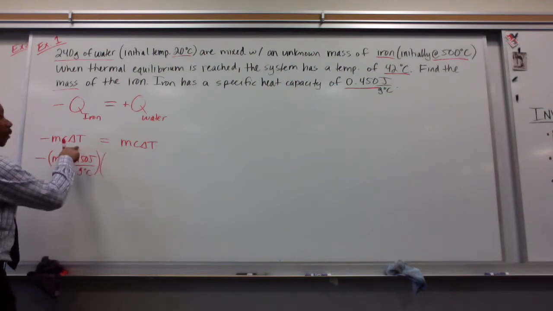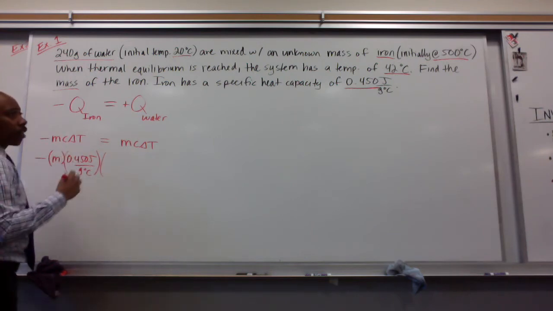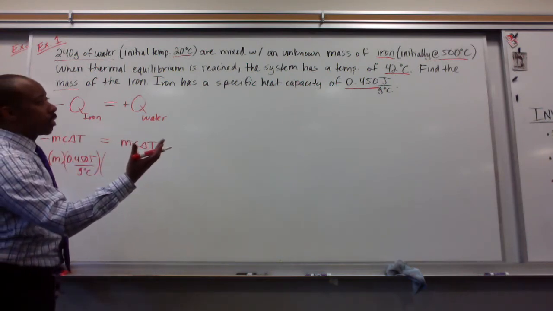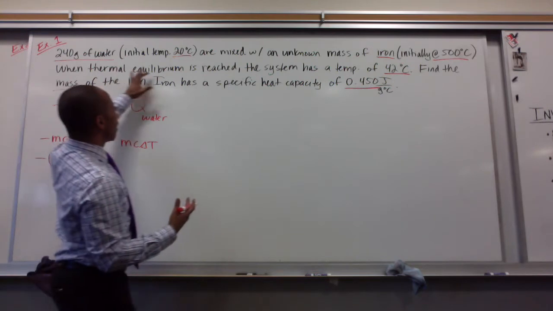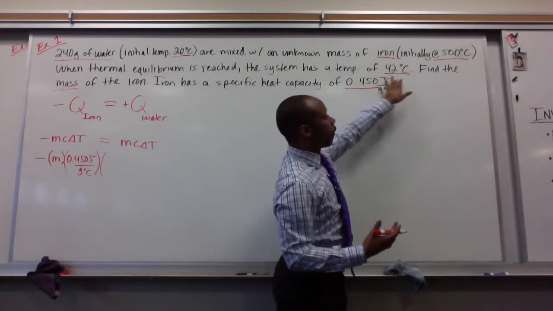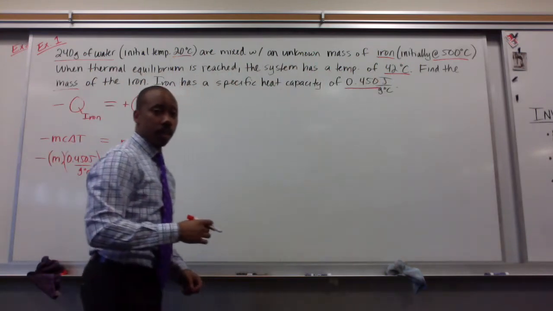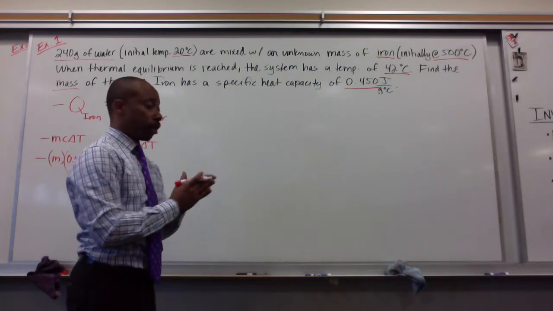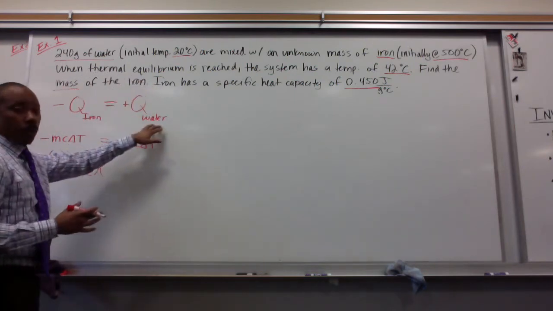The change in temperature. Well, the iron started at 500 degrees Celsius, and the entire system at the end reached a temperature of 42 degrees Celsius. So that's both final temperature for the iron and the water.